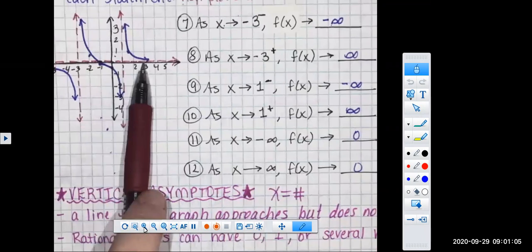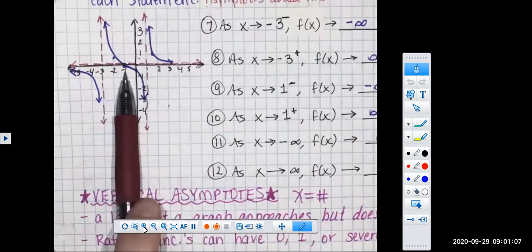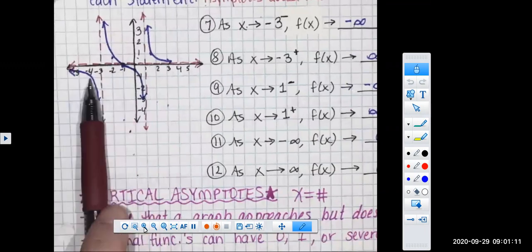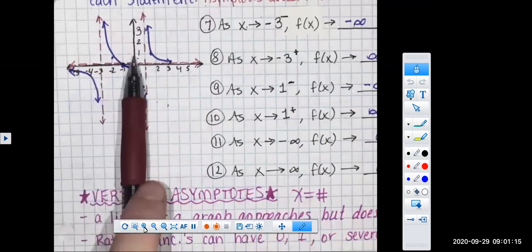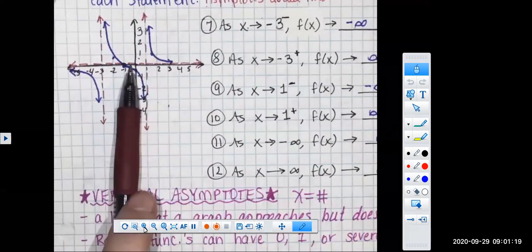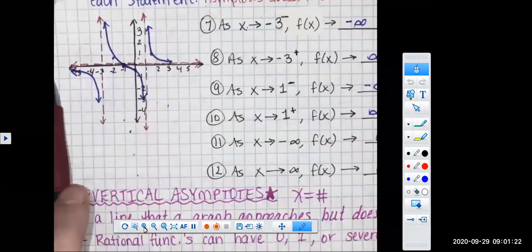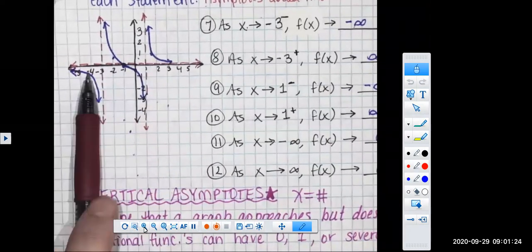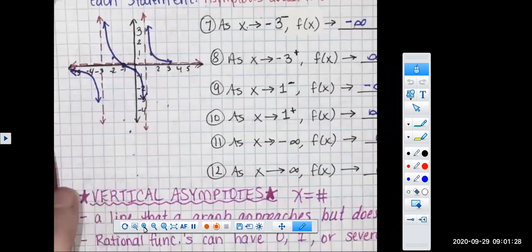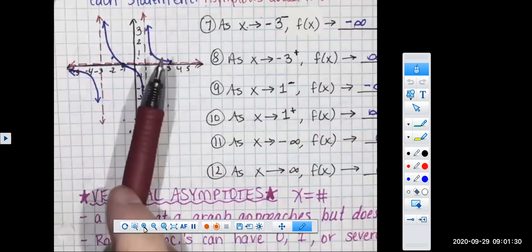Number 11, as x approaches negative infinity, what is y approaching? So you have to look at your graph in relation to the y-axis. As my x gets smaller and smaller and smaller, what is this y value coming closer and closer to in relation to the y-axis?